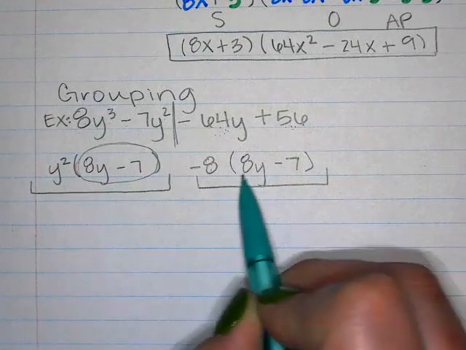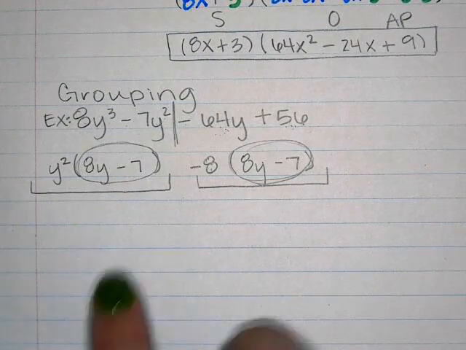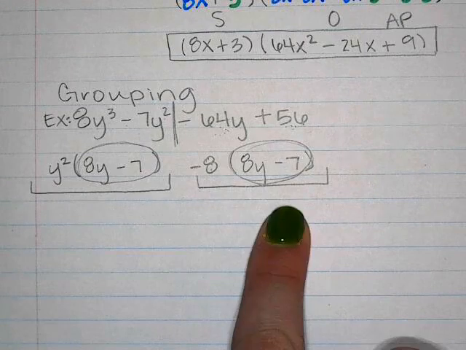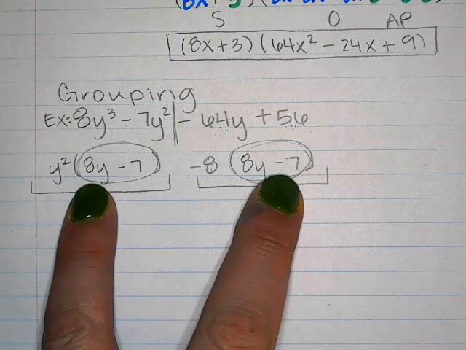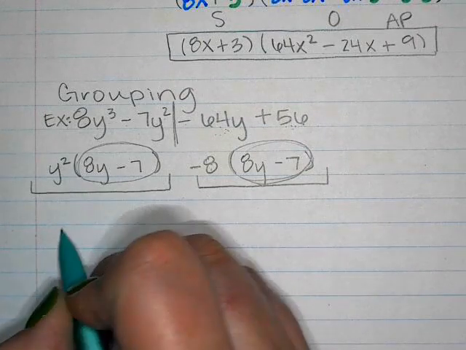Do you guys see that? So this is the GCF. I'm going to take the whole GCF out. So 8y minus 7 is the whole GCF.